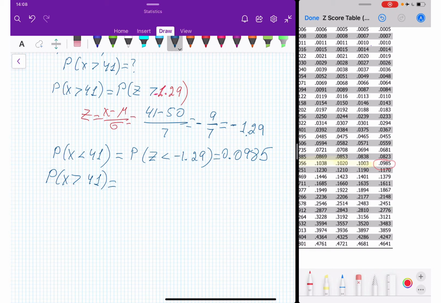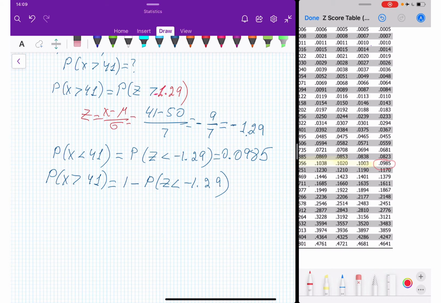it's going to be equal 1 minus probability for z-score less than negative 1.29, because we found information if this is x equal 41, greater than, that's the same thing. Oh, 41 is going to be the other way because it's less than mean.